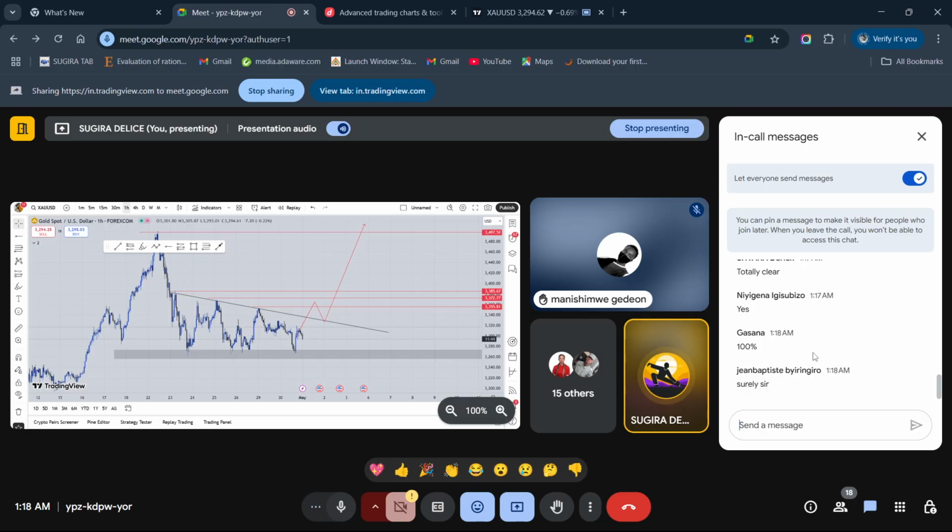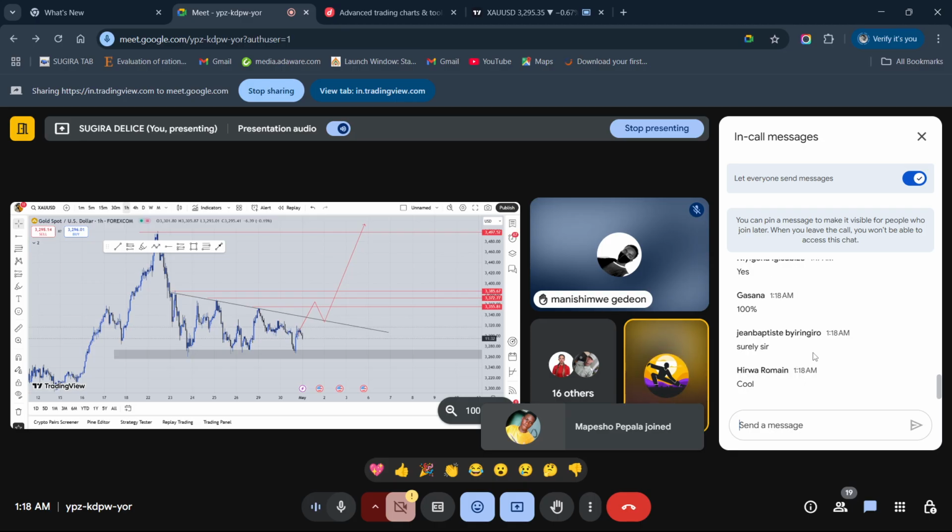Before we move on to another currency, before we analyze another one, as a reminder, if I analyze the next one and I find a setup, I will take a live trade, and we will take a live trade together.